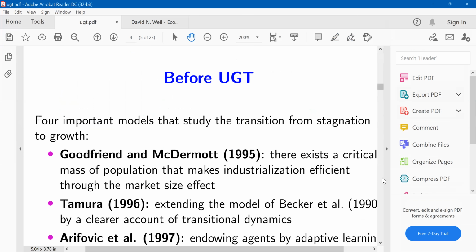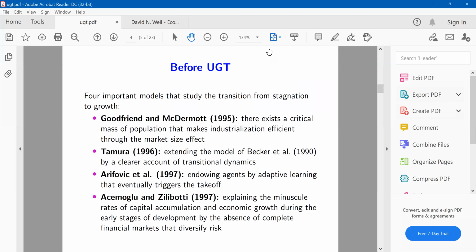Now the question is, of course, how we can understand that. Before unified growth theory, there are certain theories and approaches that study the transition. One interesting paper is by Goodfriend and McDermott. These economists showed that there exists a critical mass of population that makes industrialization efficient.